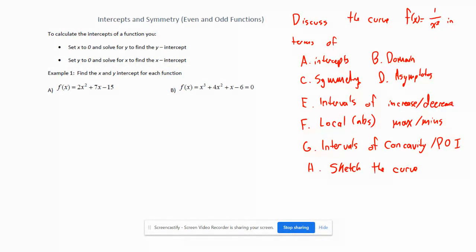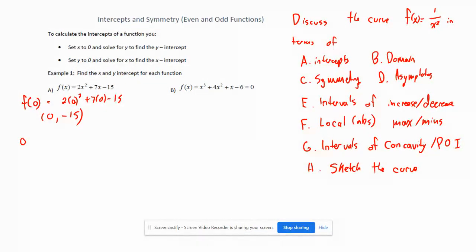So how do you figure out the x and y intercepts? Let's figure out the y-intercept first. For the y-intercept you want to set x equal to 0. So this would be 2 times 0 squared plus 7 times 0 minus 15. So we get 0, comma, negative 15 as our y-intercept.